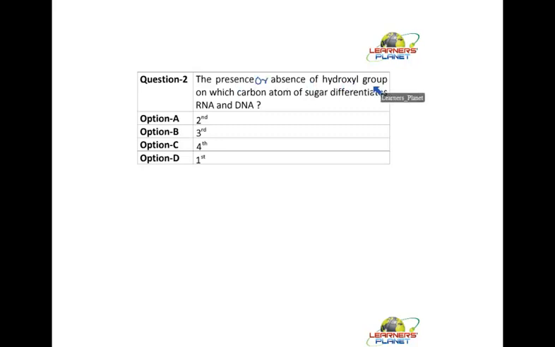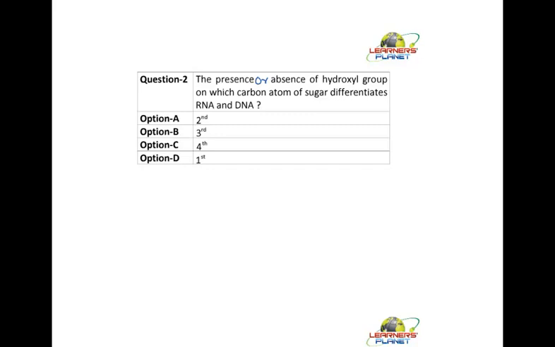The presence or absence of hydroxyl group on which carbon atom of sugar differentiates RNA and DNA? RNA is ribonucleic acid, and this is deoxyribonucleic acid. Deoxy. At which position is the hydroxyl group lacking?